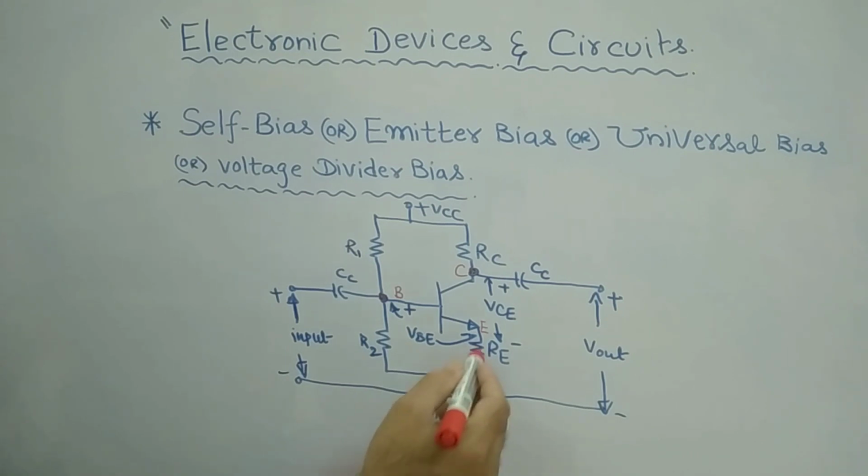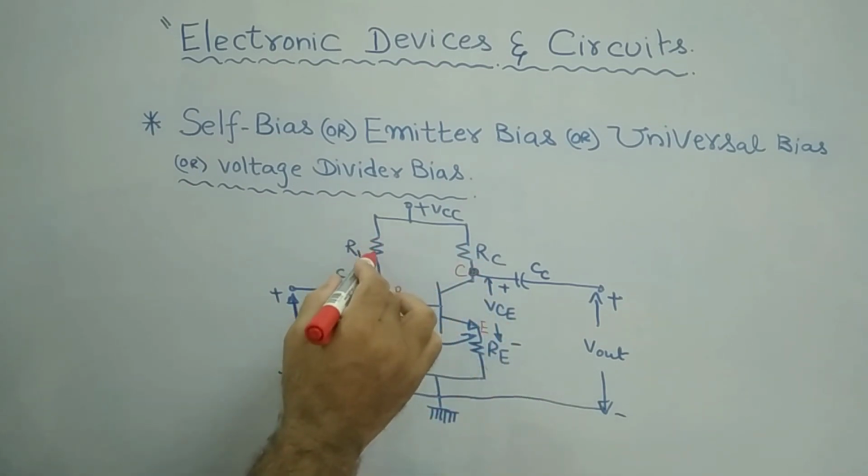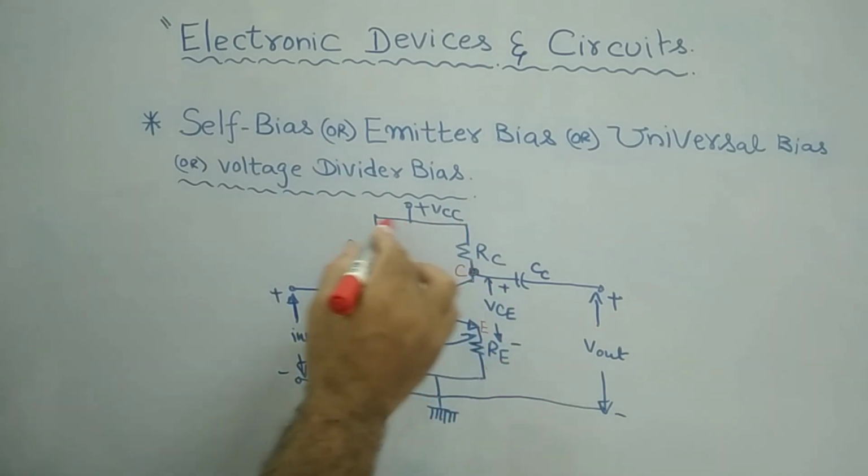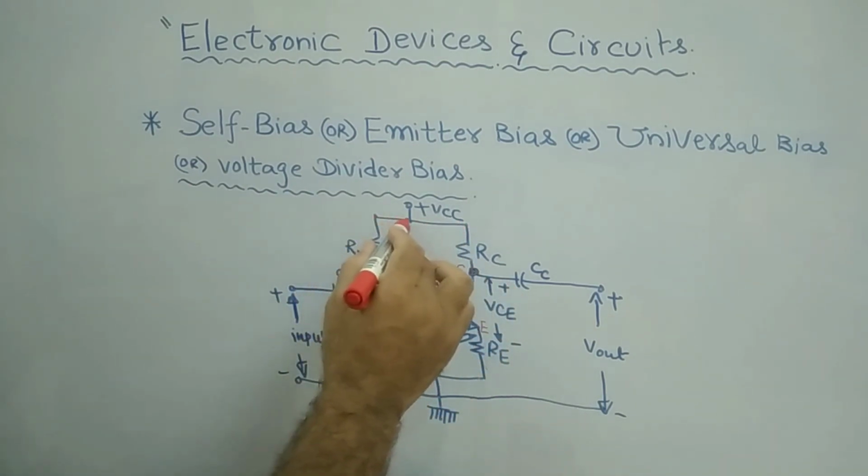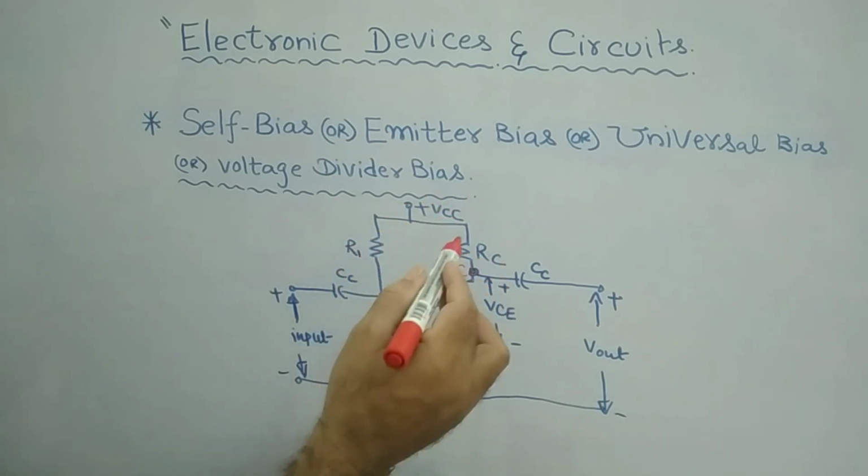What is this actually? It is obviously a common emitter amplifier. At the emitter terminal you have the emitter resistance RE, and the emitter is grounded. R1 as well as RC are joined together and given to the plus VCC supply voltage.